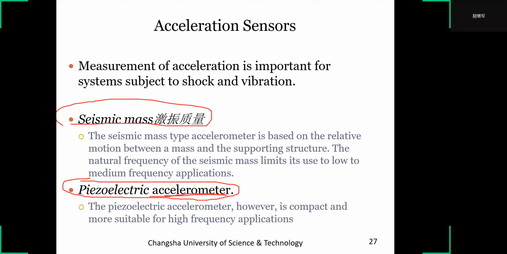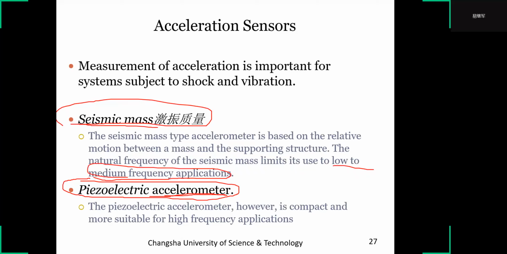The natural frequency of the seismic mass limits its use to low to medium frequency applications. The seismic mass is suitable for low to medium frequency applications.